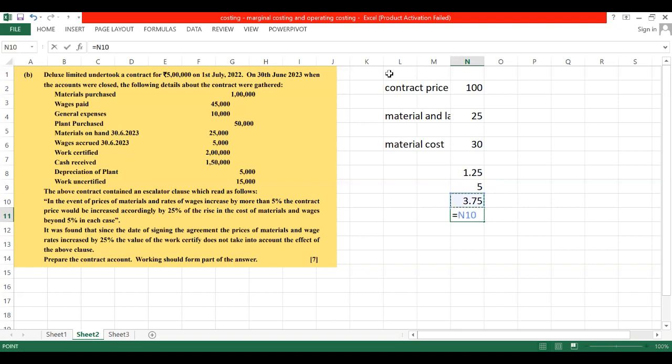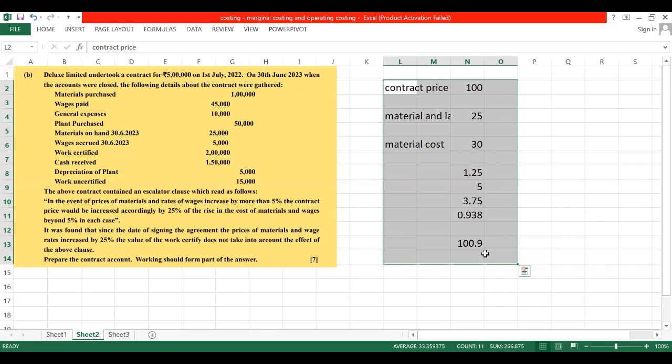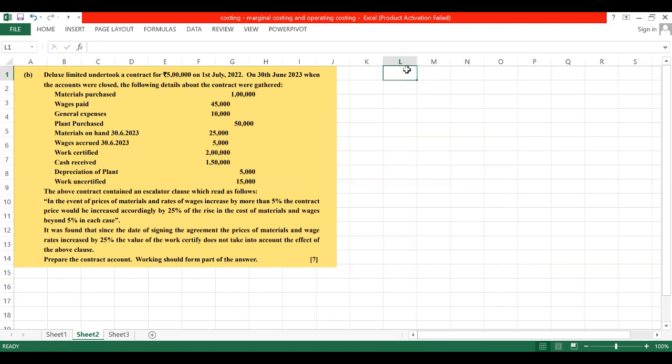So 25% of this 3.75 is 0.938, which will get added, and my contract price will get revised from 100 to 100.938, that is 100.9.